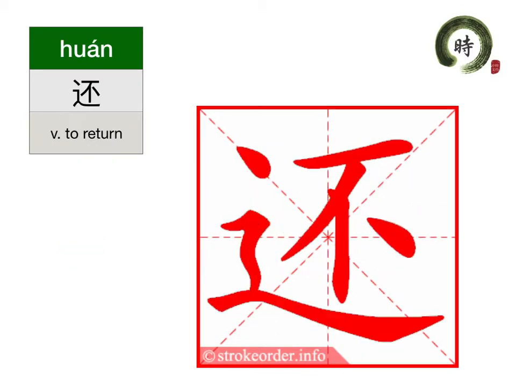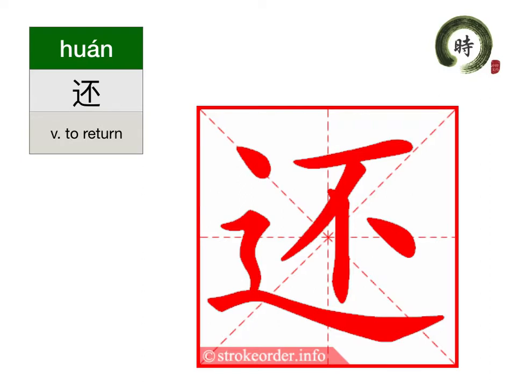If you borrow something, you need to return it. So for return, we say 还。Before, we have already learned this character with the pronunciation hái。还 means still, right? So here we have the pronunciation huán。还 means to return. The writing is quite simple here.